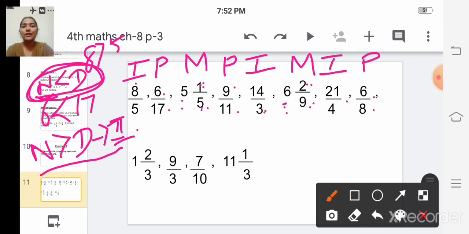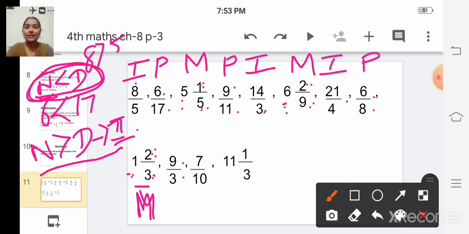And look at the next fraction, 1 2 by 3. What is it? It is a mixed fraction because it is made up of a whole number 1 and the proper fraction 2 by 3. And look at the next fraction, 9 divided by 3. 9 is greater than 3, isn't it?